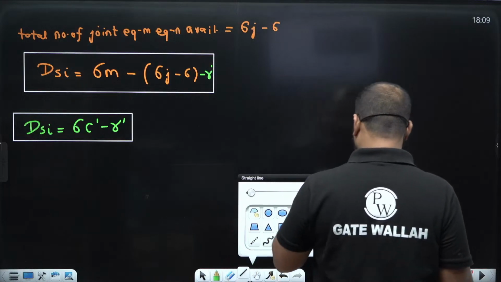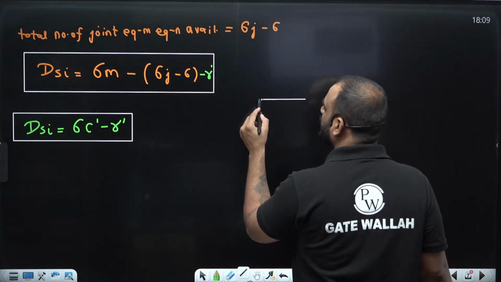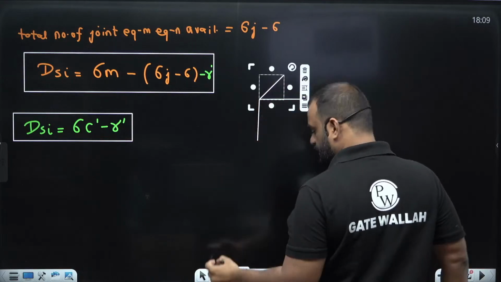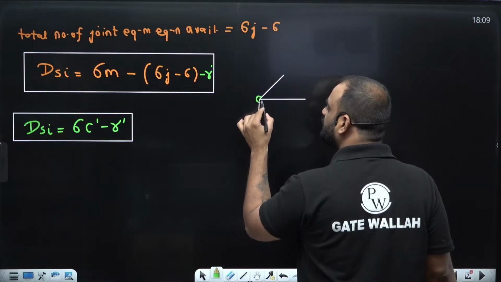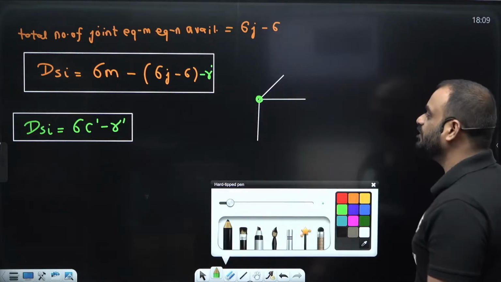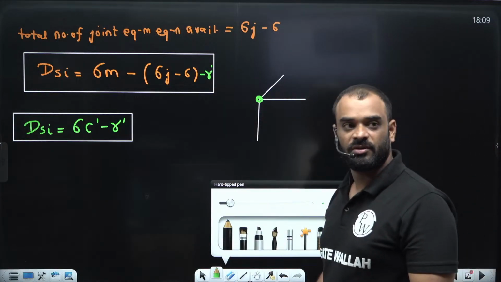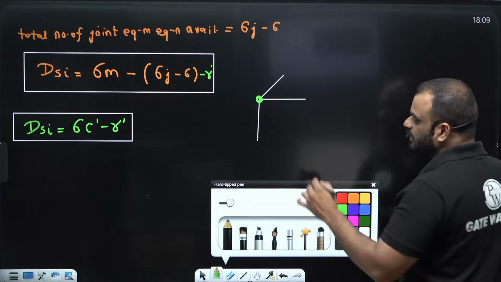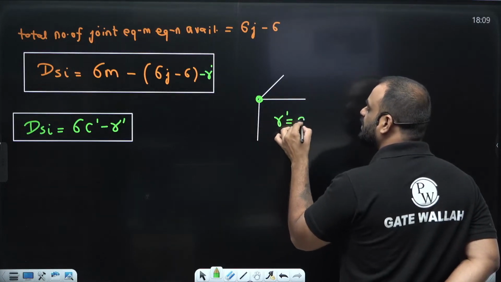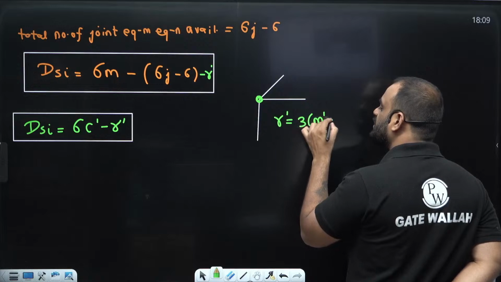Okay, sir. Now guys, let us understand how to calculate the reaction release in case of a 3D structure. Let us suppose this is a 3D rigid joint, and let us consider this is the joint where we have some internal hinge. If you want to calculate how many reactions are released, you just need to write 3 into m' minus 1.